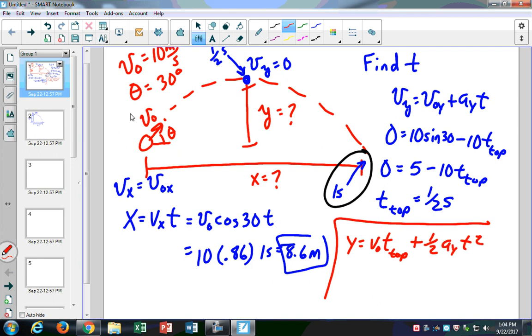We haven't introduced any new equations. We just have those two kinematics equations. They're just sort of special cases for those kinematics equations. This should be v naught y right here. V naught y is 5 meters per second times, not 1 second, times 1/2 second, minus 5, that's half of ay t squared, which is half squared.